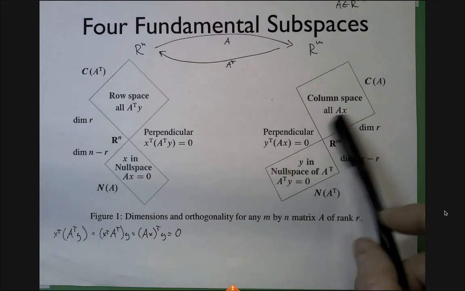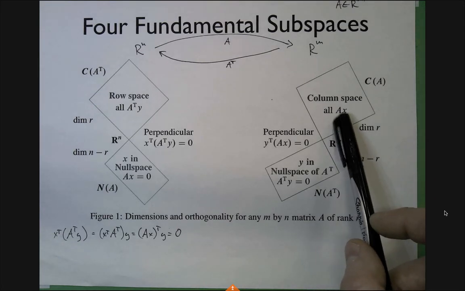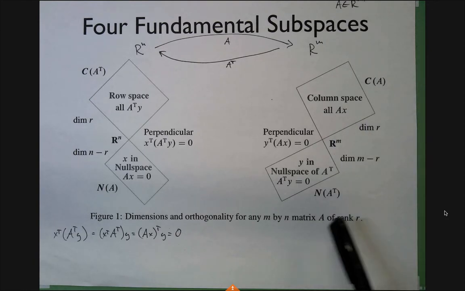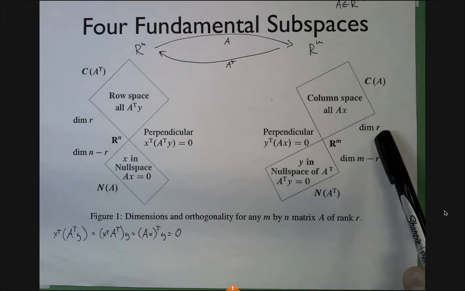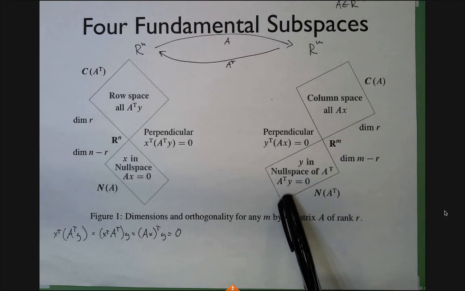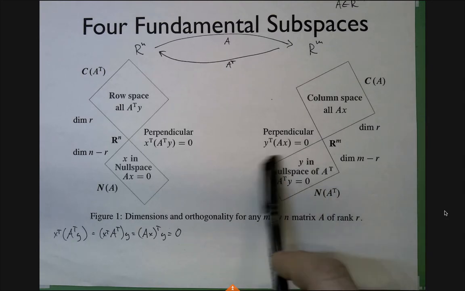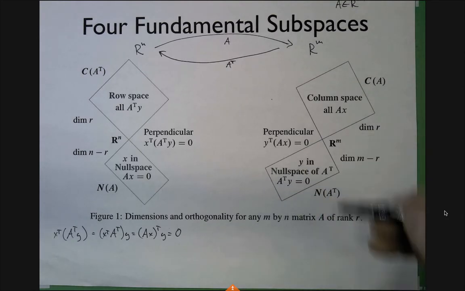The column space is formed by all vectors of the form Ax, where x is an arbitrary vector from R^n. And if I take an arbitrary vector y from the left null space, meaning A^T y is 0, then these two will be perpendicular. That's because y^T A x is 0.